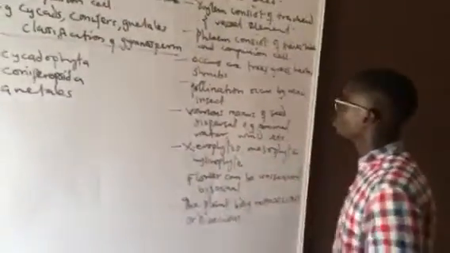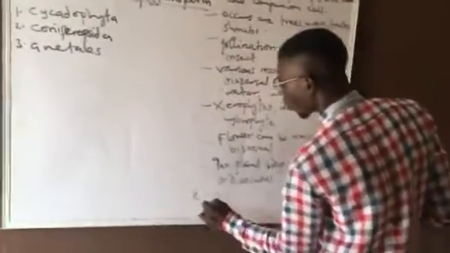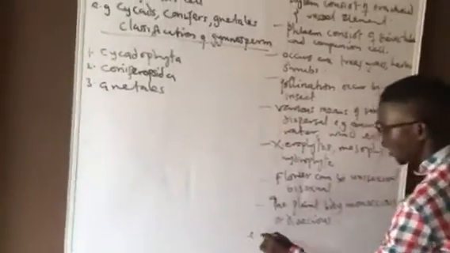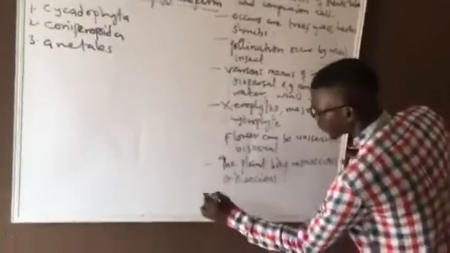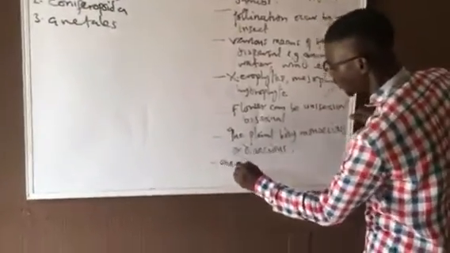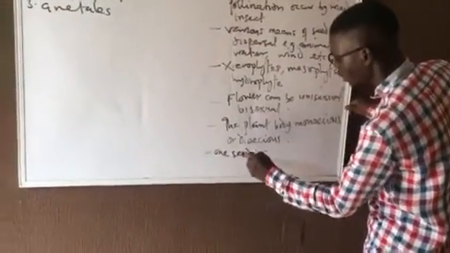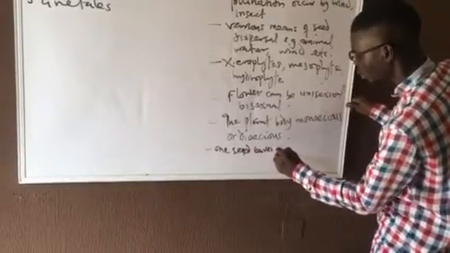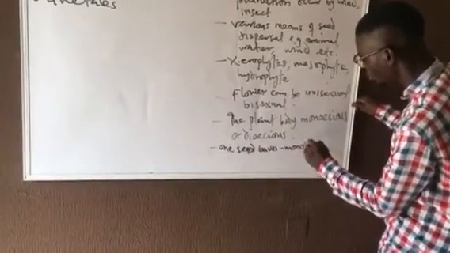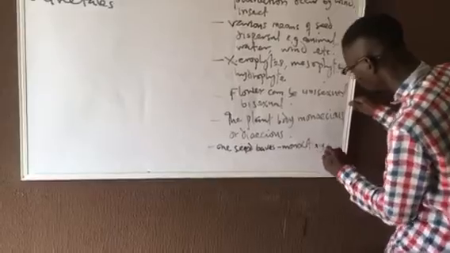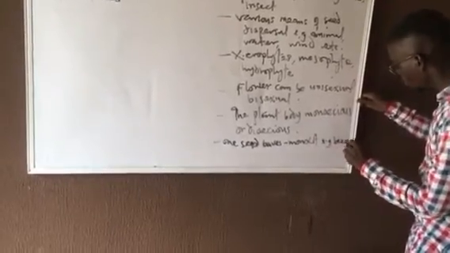Angiosperm can be divided into monocot and dicot based on the number of seed leaves. We have one seed leaf, that is the monocot, e.g., maize.